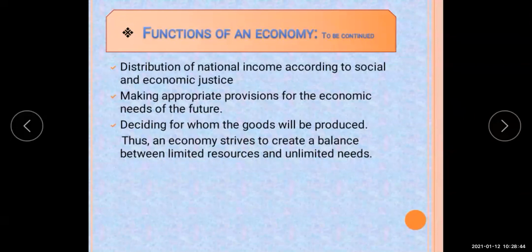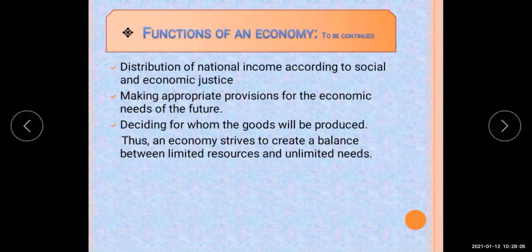It means your economy has to create a balance between limited resources and unlimited wants. See students, everybody's needs are very unlimited. Yes, needs are not limited.